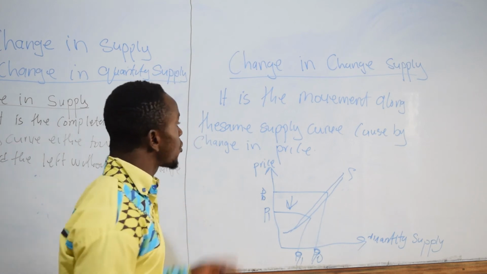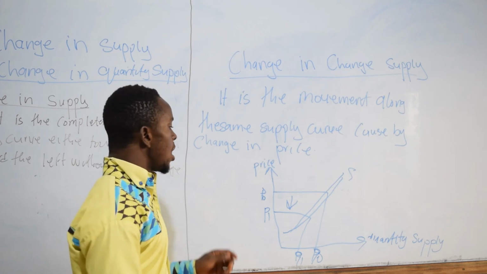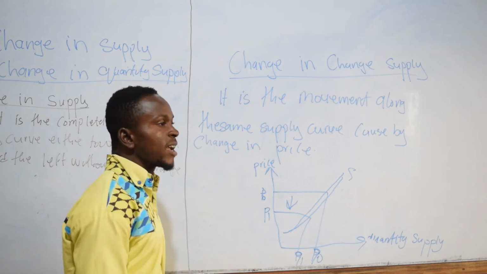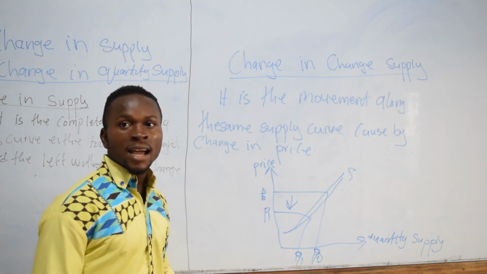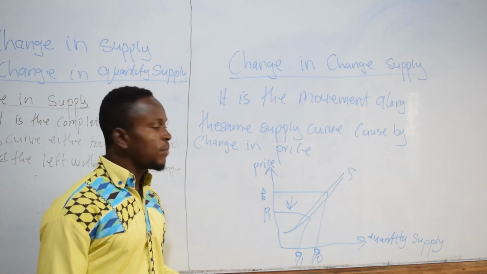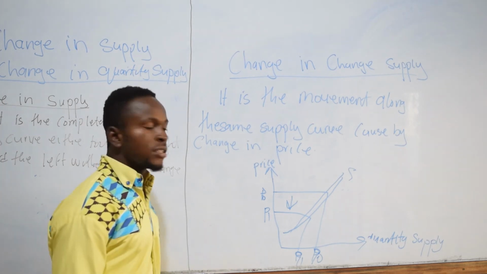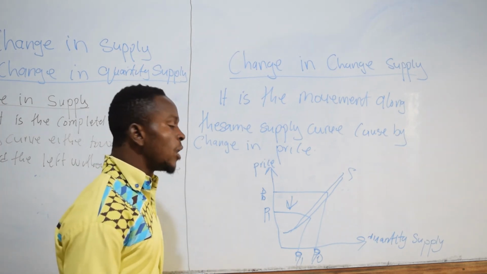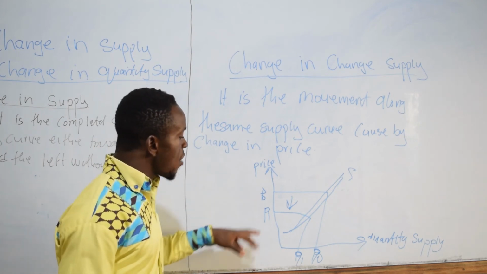So you say a contraction in supply is the complete shift of the supply curve inwardly. That means the supply curve is moving inwardly. Now the contraction can also be called a decrease in supply. A decrease in supply we can explain as the movement from P0 to P1.